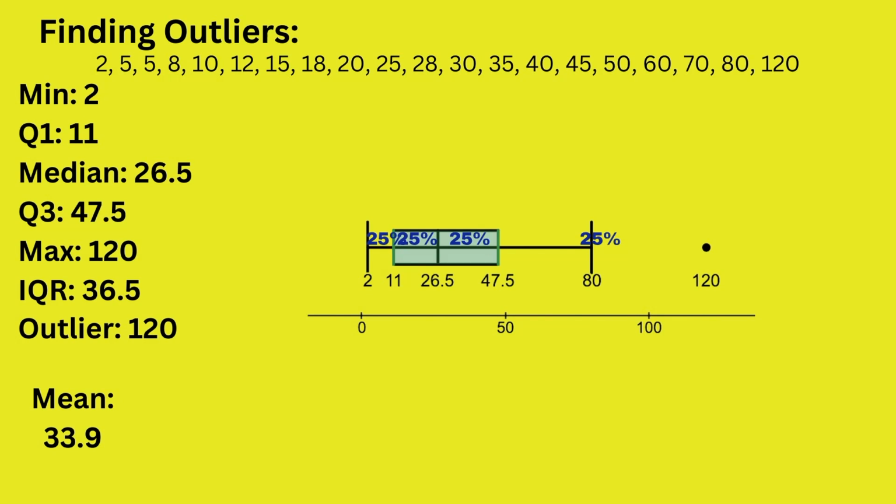We can create a SOCV interpretation and context for this data set. We could say the data distribution of student text messages per day is skewed to the right. There's one outlier of 120 text messages per day sent by one student. The median text messages per day is 26.5, and we have an IQR of 36.5 text messages per day.